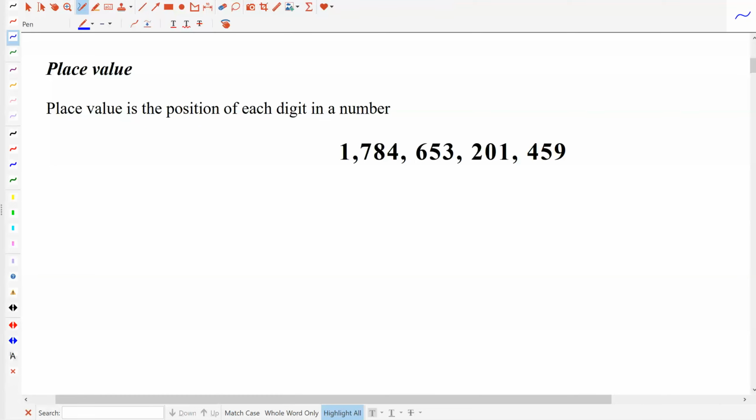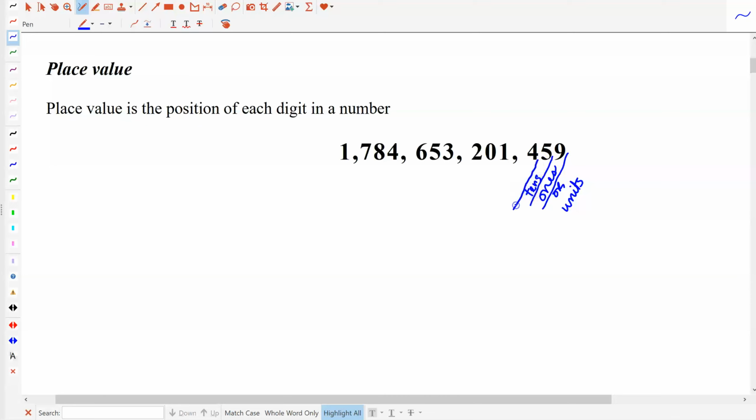When we write a number, the spot furthest to the right is our ones spot, which is also sometimes called the units. Moving over, the next spot is our tens.